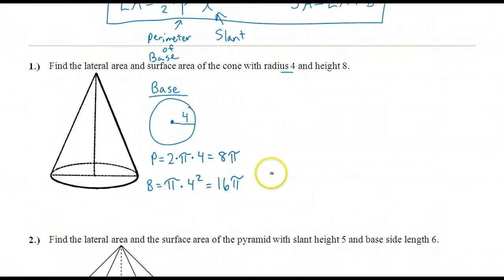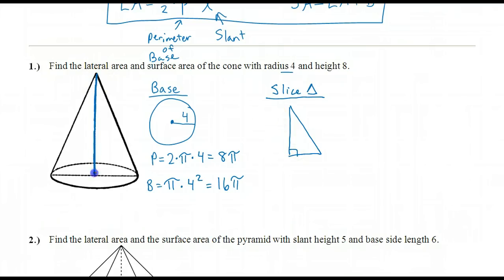Next thing that I want to do, I want to draw out my slice triangle. My slice triangle is always going to be a right triangle, and it's going to be made up of 3 parts.